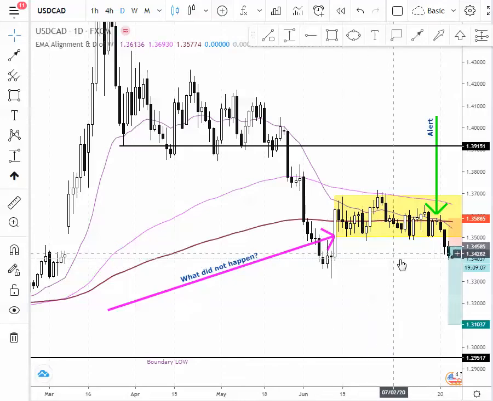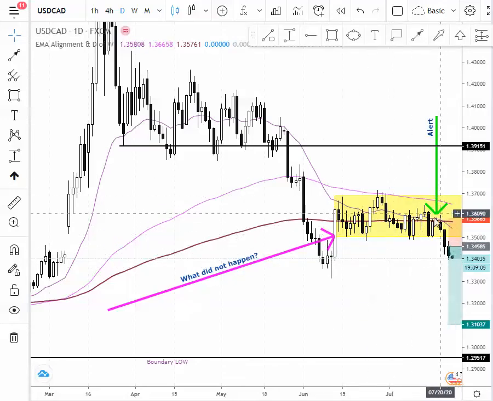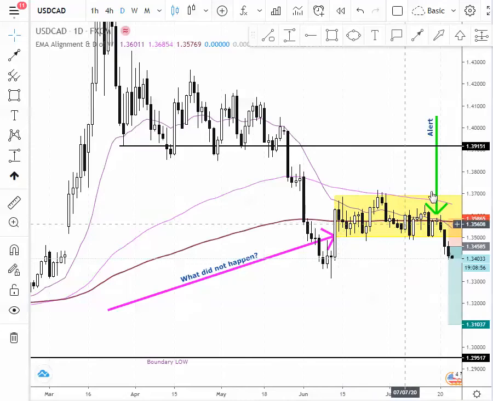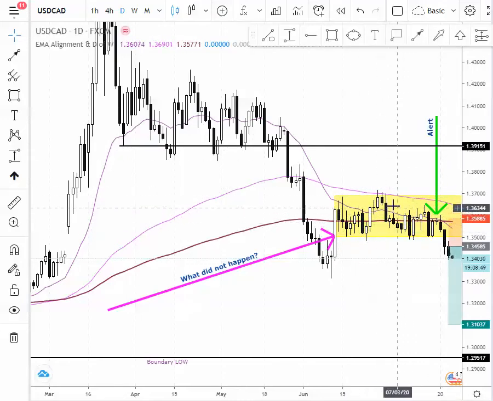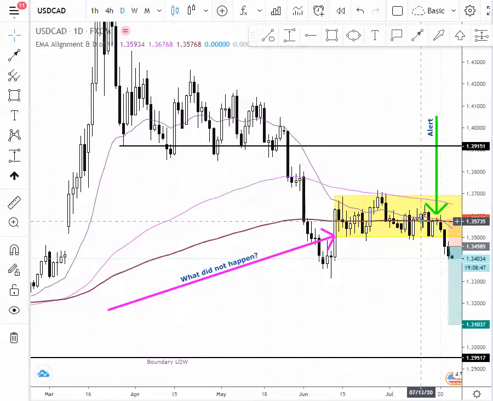I'll work backwards. So this bar here, what I call my alert bar, there were several of them within this yellow range. And the alert bar is not an entry bar for me.